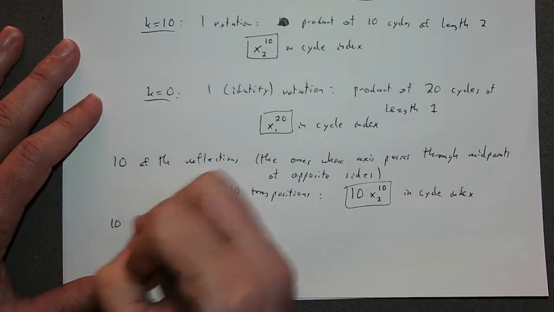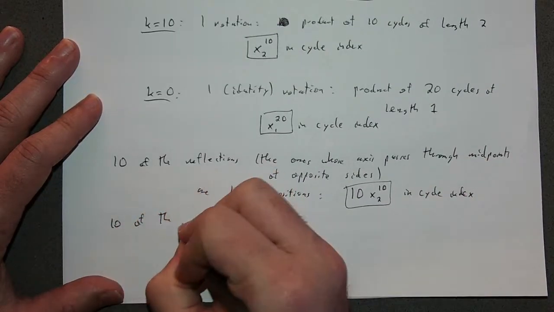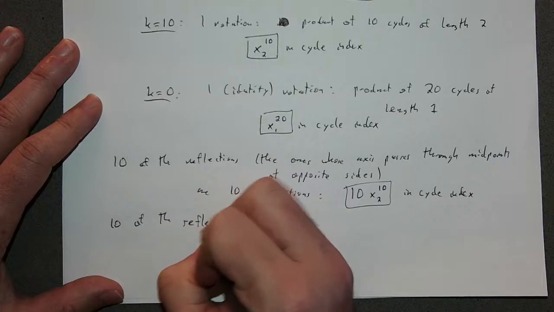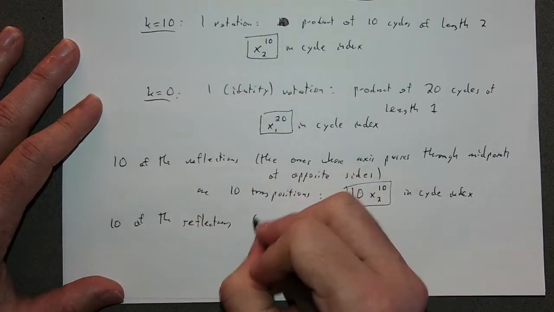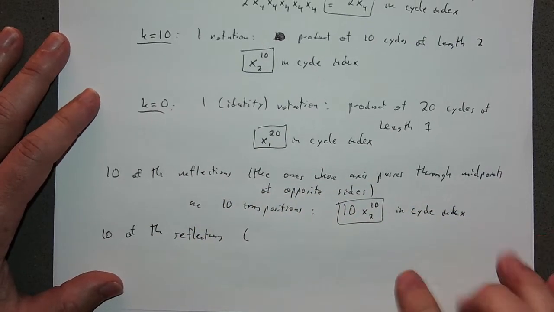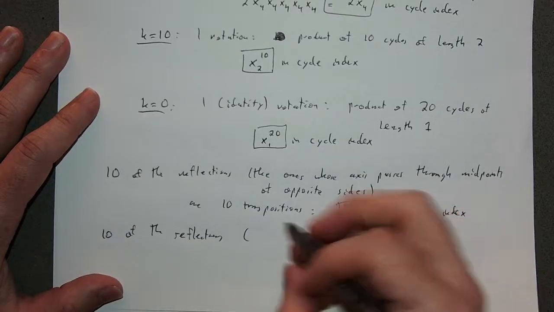And 10 of the reflections, the remaining 10, these are the ones whose axis passes through opposite vertices.